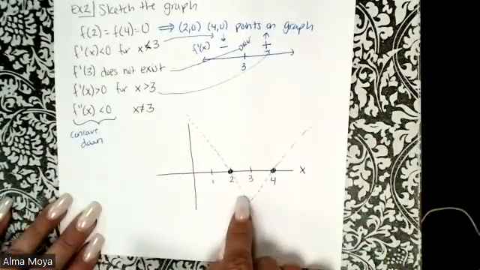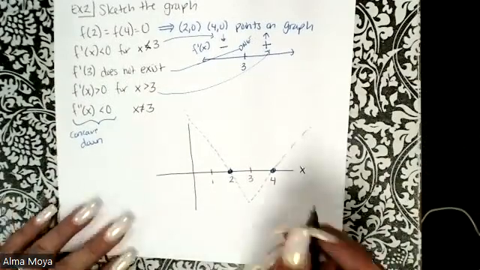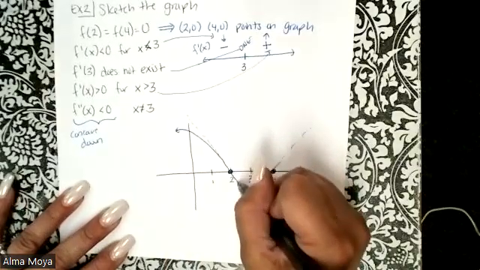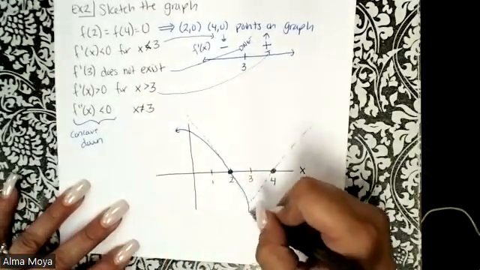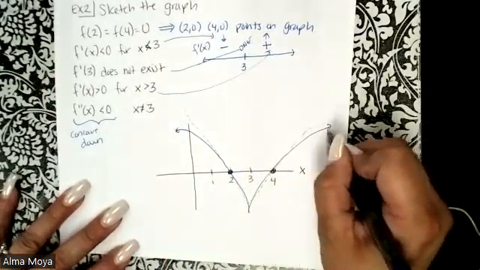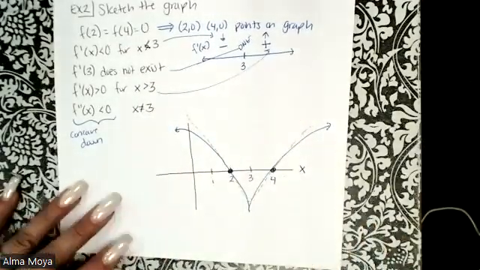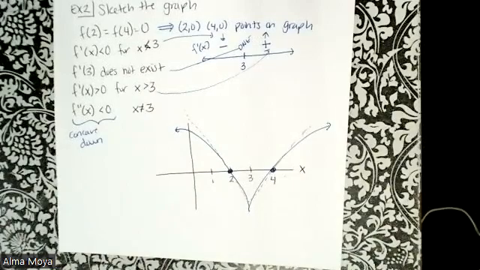So in order for this to go down, what ends up happening is it looks like this. It's going to go down, and it's going to have a point, and then it's going to go down. So there's the graph sketched out right there. And that concludes the rest of the notes.